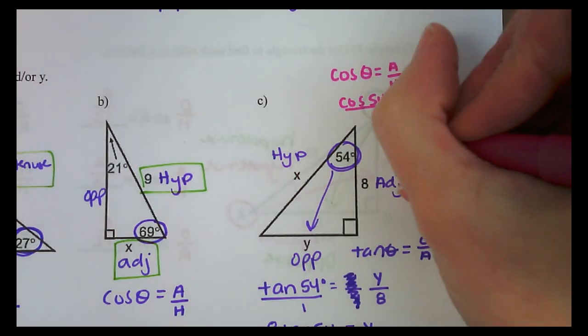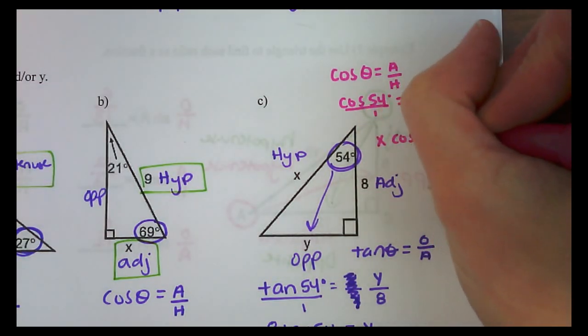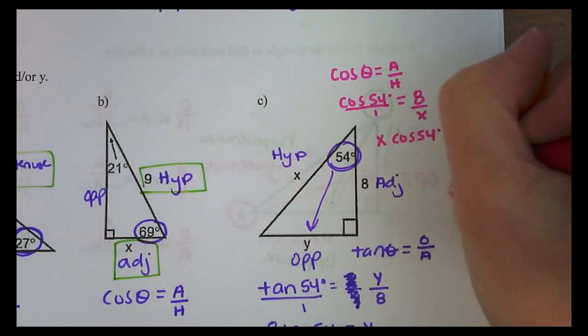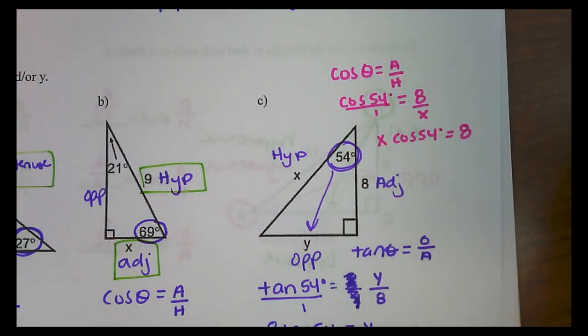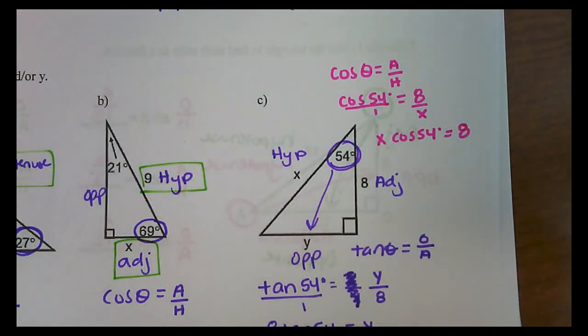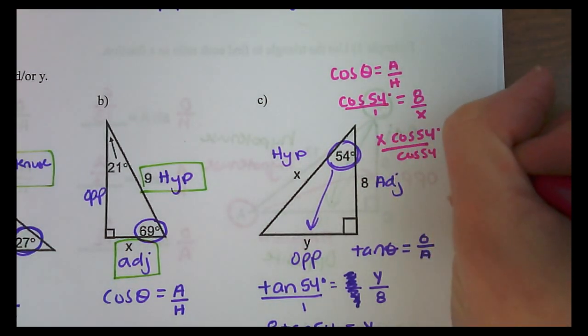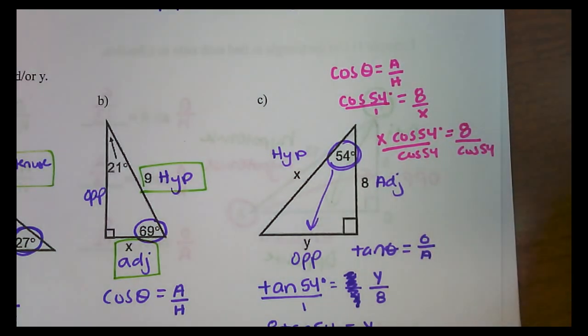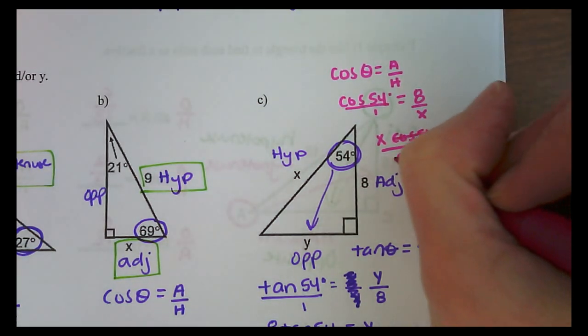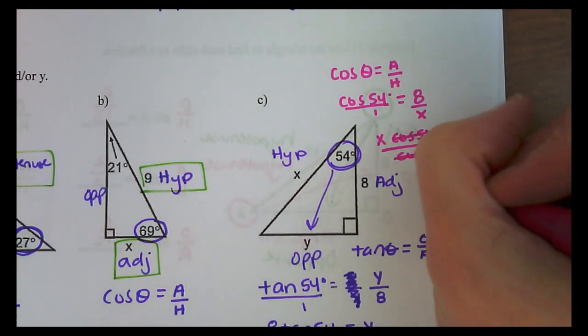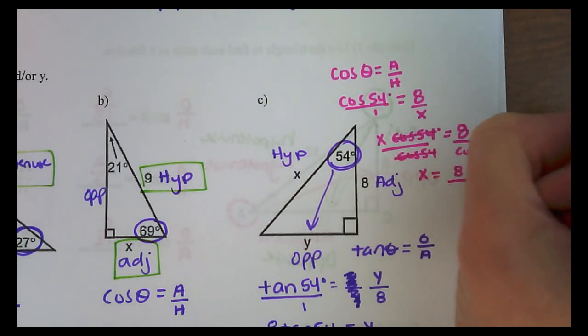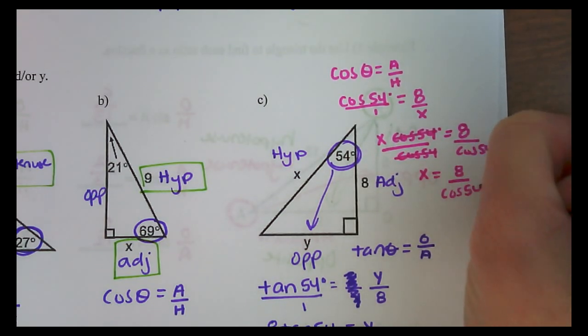Now, if I cross multiply, I'm going to get x times the cosine of 54 is equal to 8. I have to get x by itself, so I would divide by the cosine of 54 on both sides. These cancel out, and I get x is equal to 8 over cosine of 54.